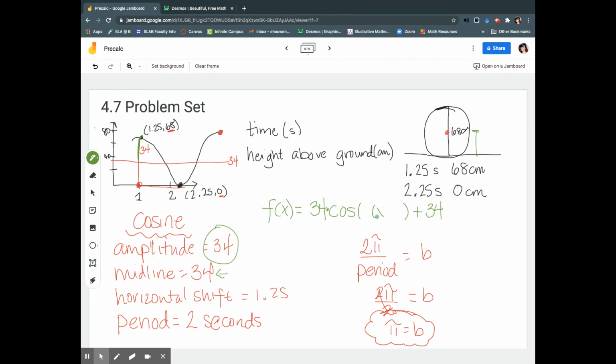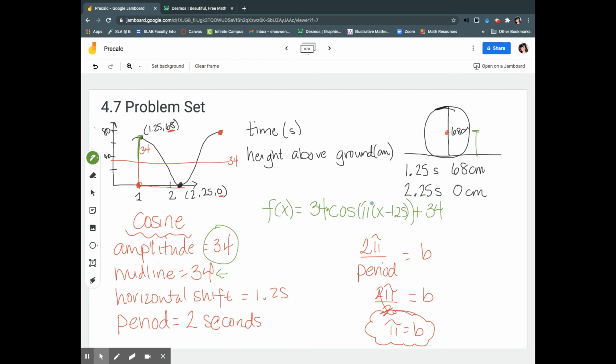So we do x minus 1.25 because this is on a 1.25 second delay. It is 1.25 seconds behind the parent function, which would have started at 0. So if it didn't happen until 1.25 seconds, we need to subtract those 1.25 seconds where we weren't doing the problem yet. And then finally, a horizontal stretch or compression comes from multiplying by a parameter inside to the input.